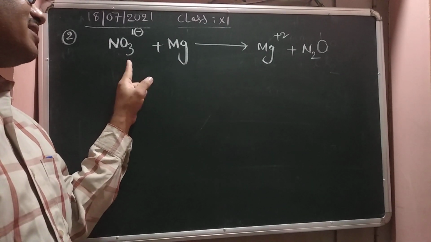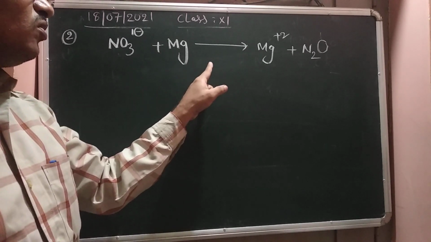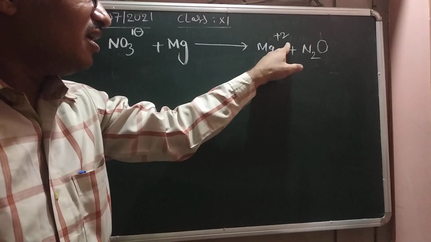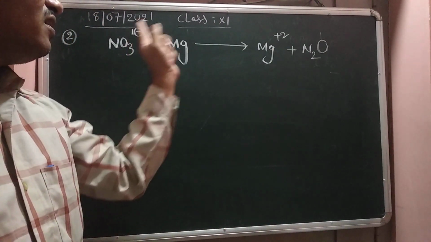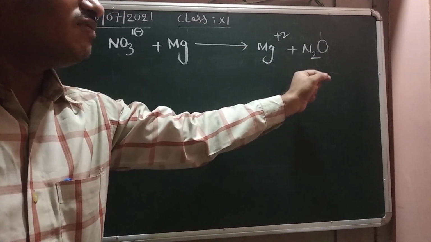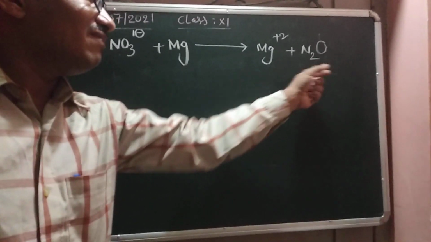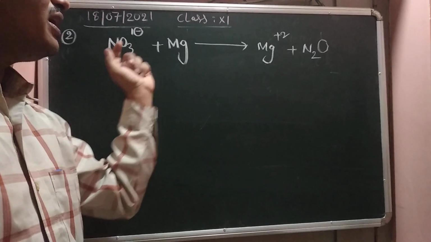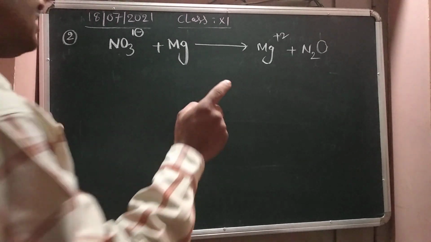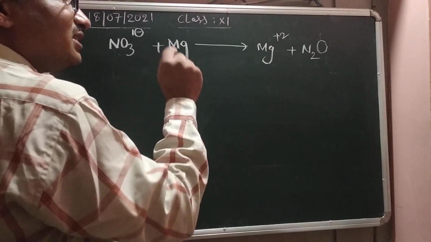Nitrate ion oxidizes magnesium to Mg plus 2 ions and itself is reduced to N2O, nitrous oxide. This is the statement I have written as the skeleton equation. This equation I must balance through the oxidation number method.